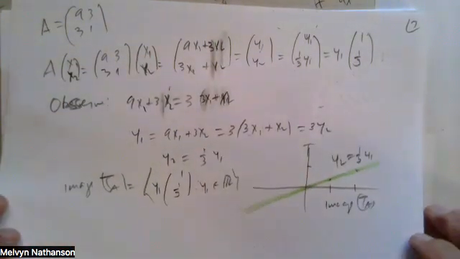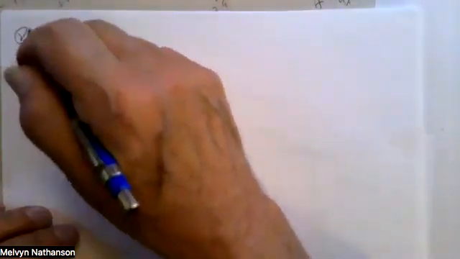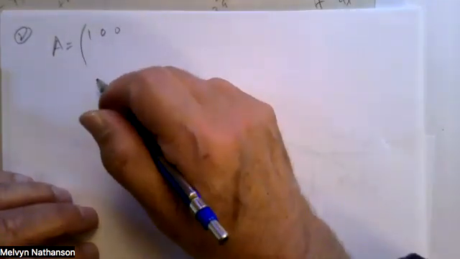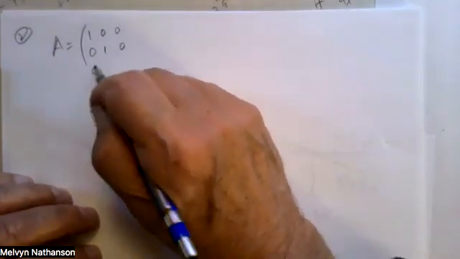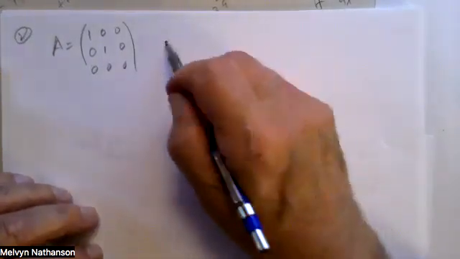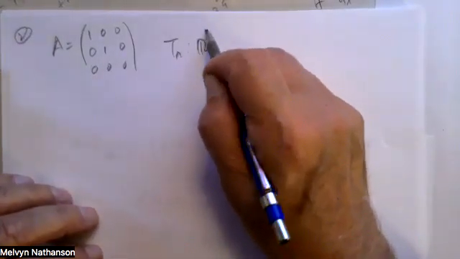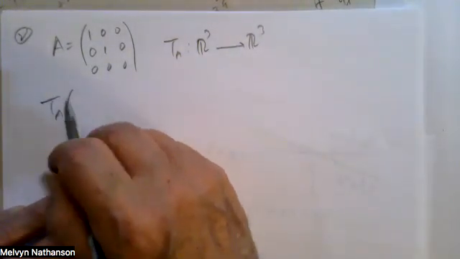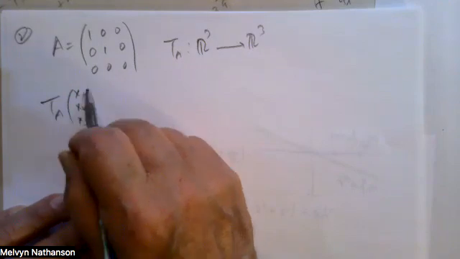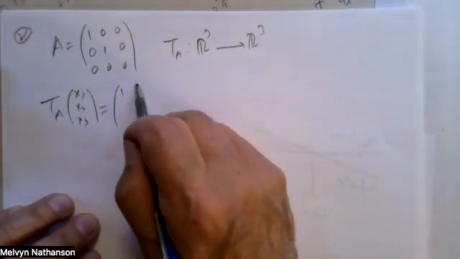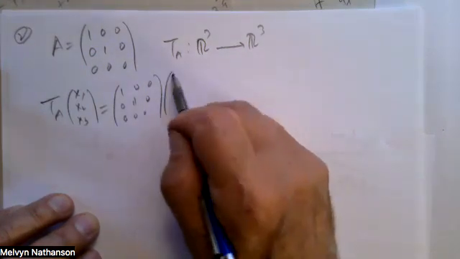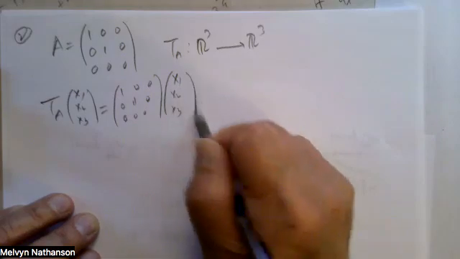Problem 2 is a three-dimensional problem. We have the matrix A, which is 1, 0, 0, 0, 1, 0, 0, 0, 0. So T sub A is a function from R3 to R3. So what is T sub A of x1, x2, x3? It's 1, 0, 0, 0, 1, 0, 0, 0, 0 applied to x1, x2, x3.